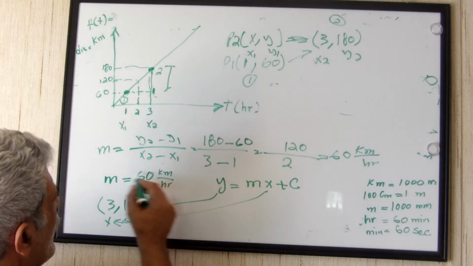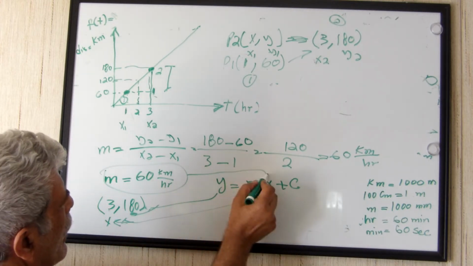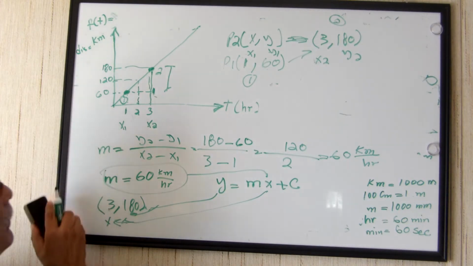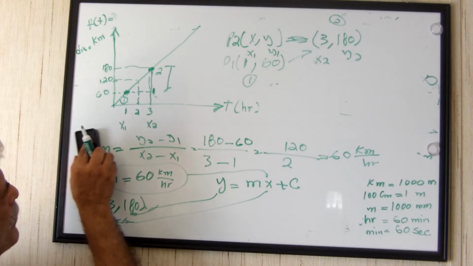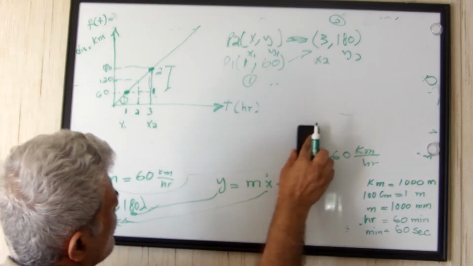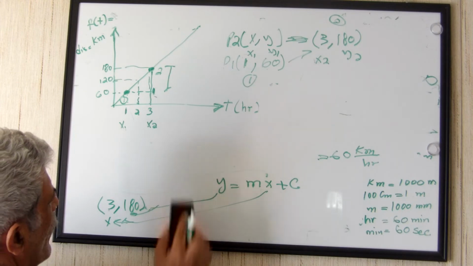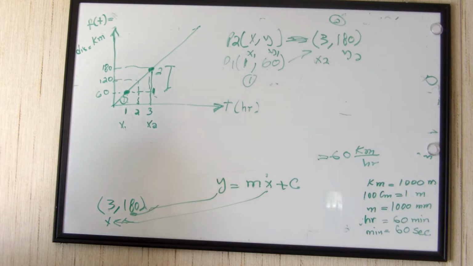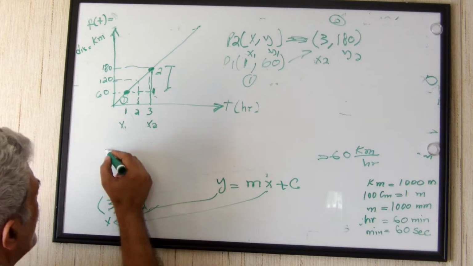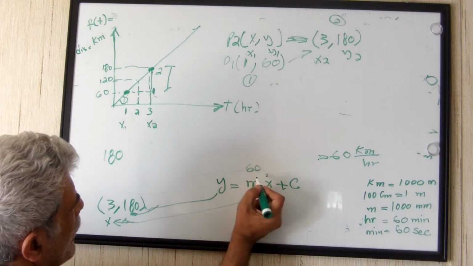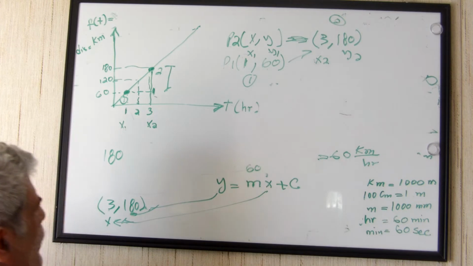M is this one. So we put this in: y is 180, and we have this one, 60. M is 60 kilometers per hour.